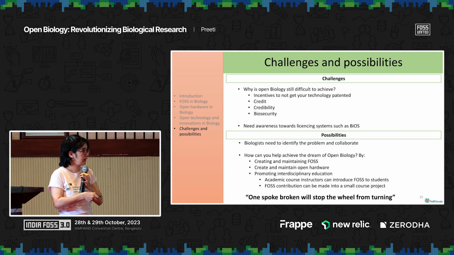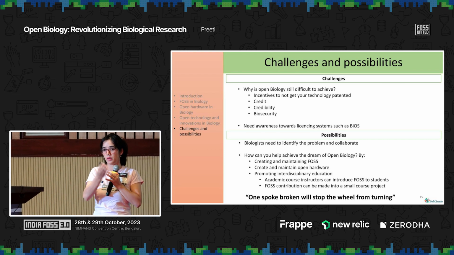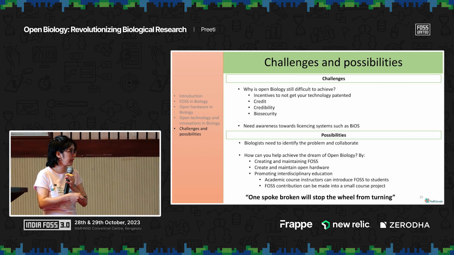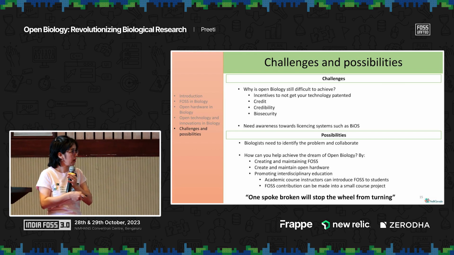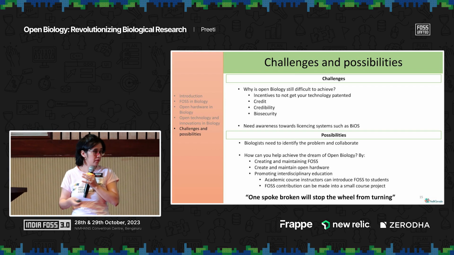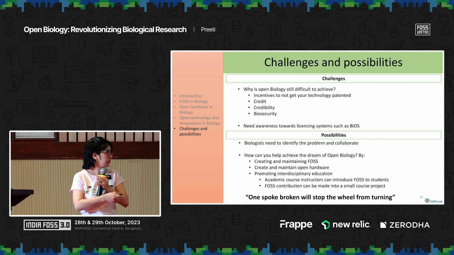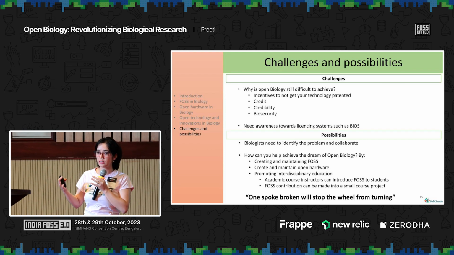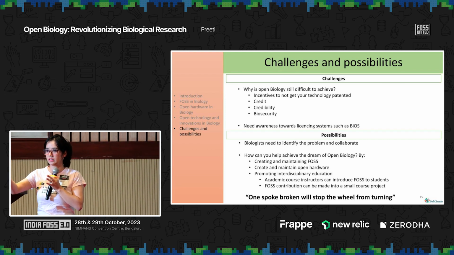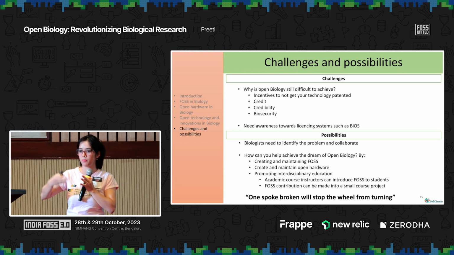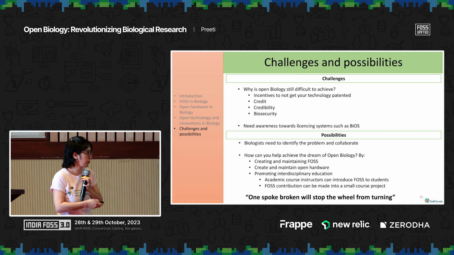So students from other departments can help by creating and maintaining FOSS for biology, and open hardware for biology. Academia can promote interdisciplinary education, so that biologists can also understand the language of a software developer or a hardware developer, right? That is also important.